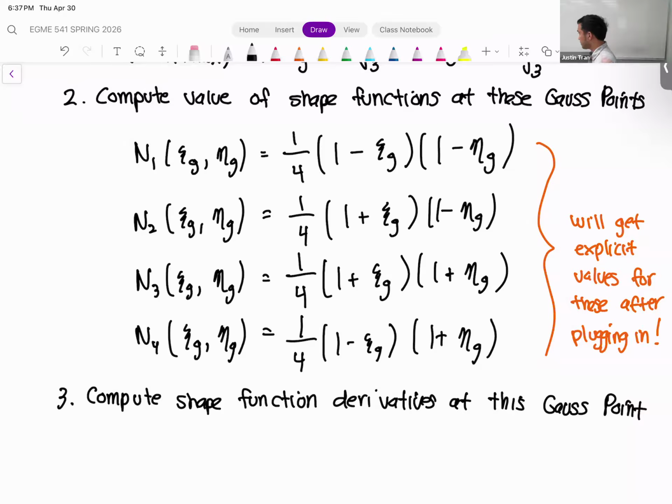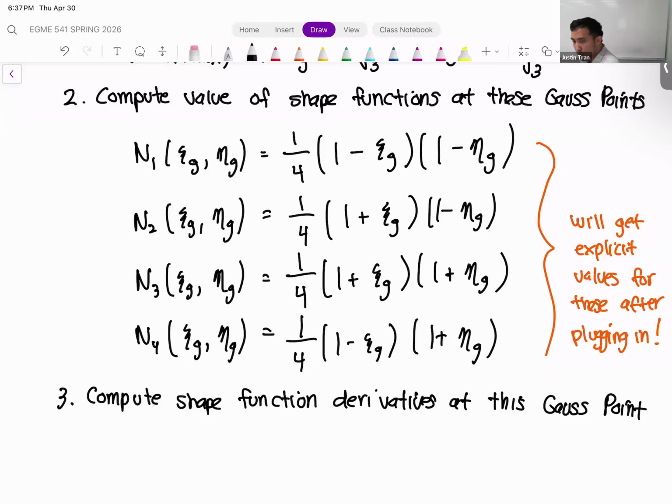One thing you should see from the step-by-step here is that basically every kind of matrix and every kind of value that we've established in the derivations up until this point, we basically just need to compute them explicitly.